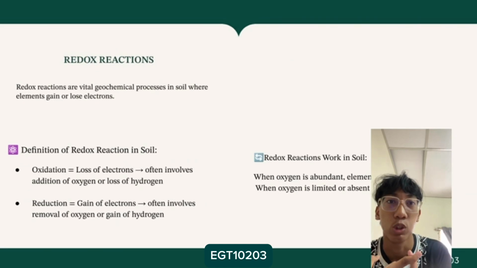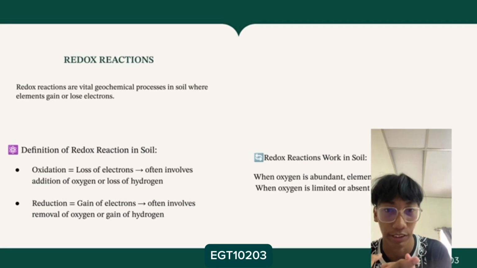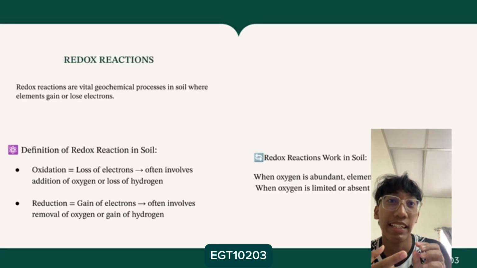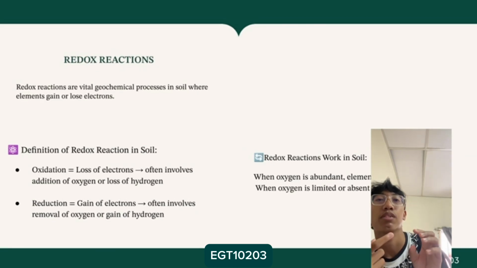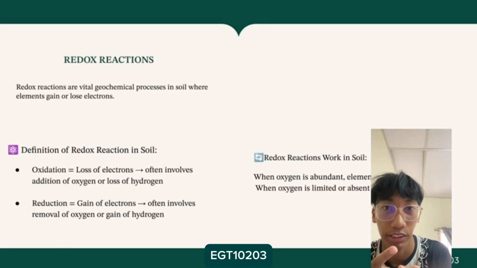Oxidation means losing electrons, often involving addition of oxygen or loss of hydrogen. It means loss. Reduction means gaining electrons, often involving removal of oxygen or gain of hydrogen.